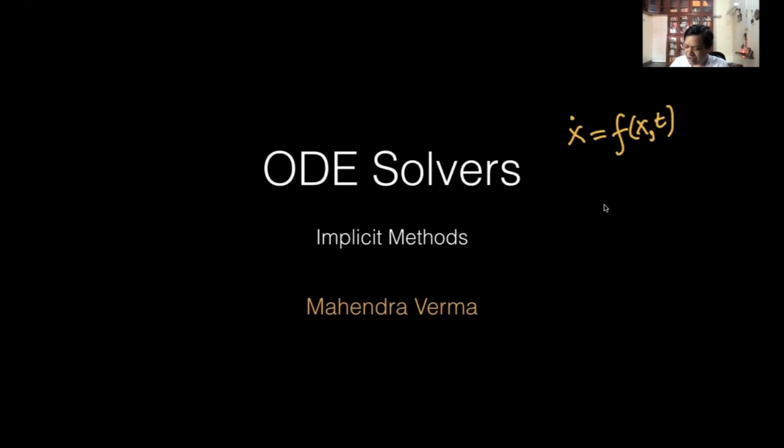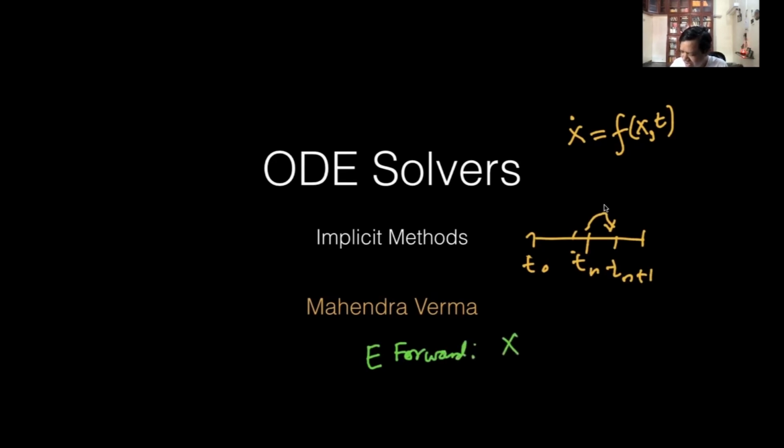Okay. Now we solved using the Euler forward scheme. The time was discretized. We started with t0, so we have tn, and we go to tn plus 1. So we want to go from here to there. Euler forward, which I did in the last class, is xn plus 1 equals xn plus delta t times f.